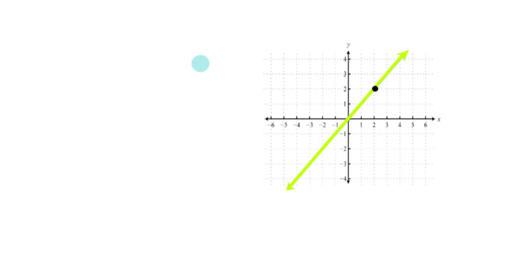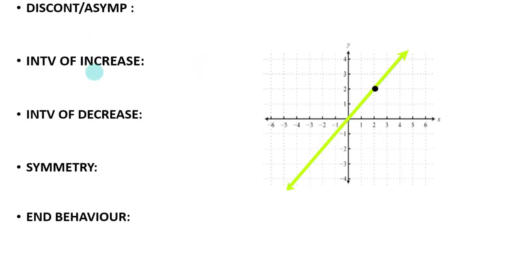So let's identify some of the other characteristics like discontinuity, interval of increase, interval of decrease, symmetry, and end behavior. If we talk about discontinuity, there is no discontinuity in the graph because we have no holes, no breaks, and no asymptotes here. What about interval of increase and interval of decrease?